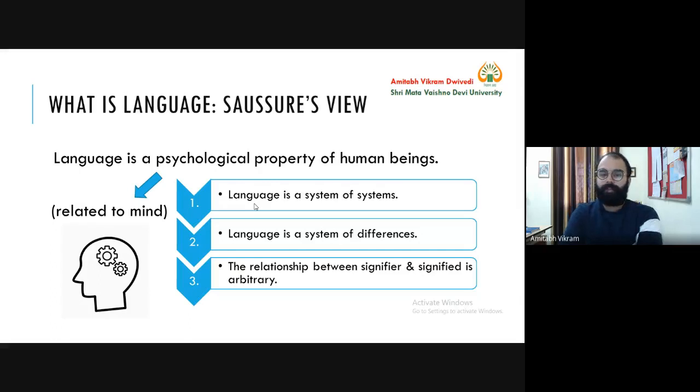At the same time, when we study language as a psychological property of human beings, these three statements are quite crucial, and you will find that they are, in fact, the essence of Saussurean work. We will look at them one by one. First, language is a system of systems. Second, language is a system of differences, and third, the relationship between signifier and signified is arbitrary.